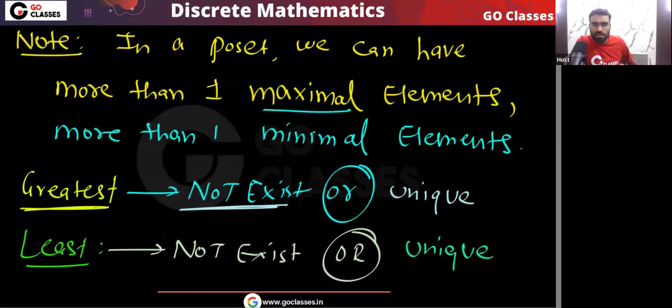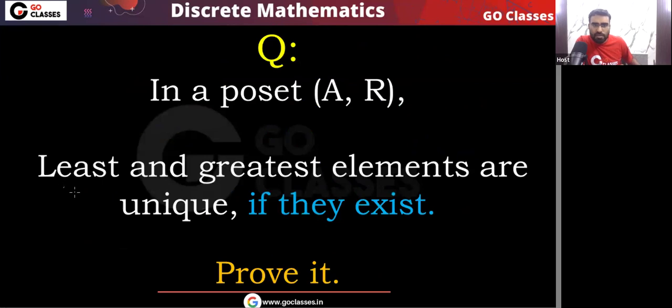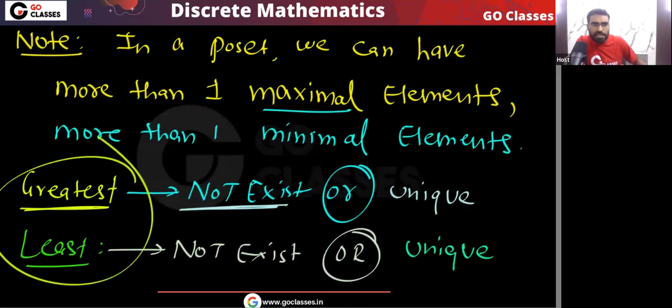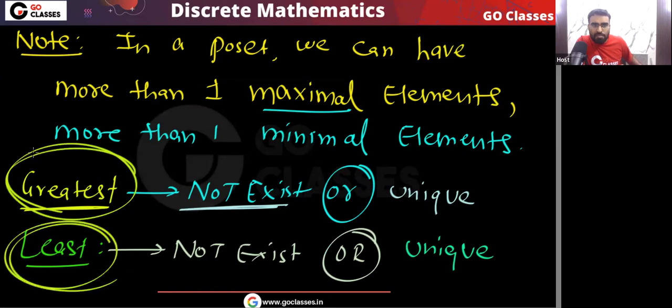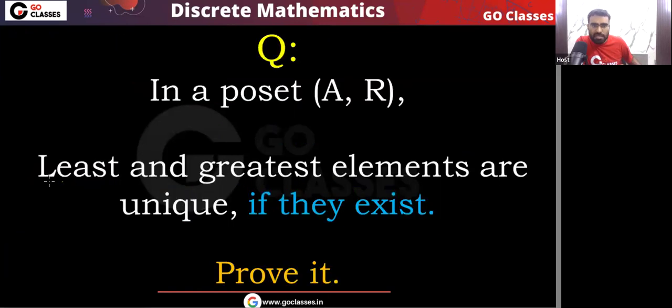So remember, sorry, least and greatest, meaning minimum and maximum, are unique if they exist. Either they will not exist, or if they exist, they will be unique.